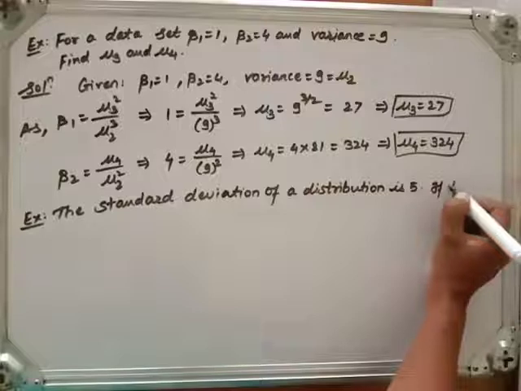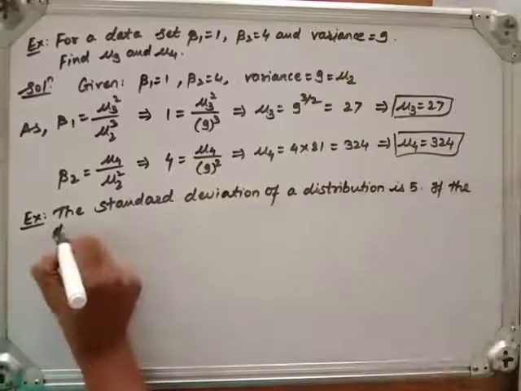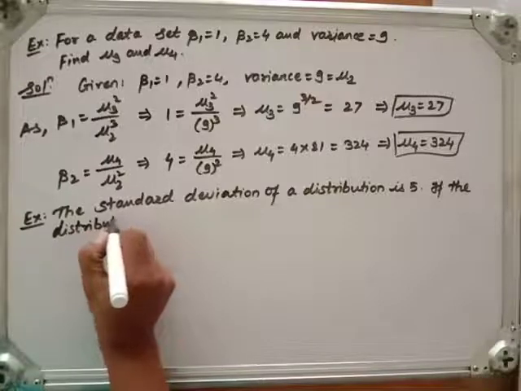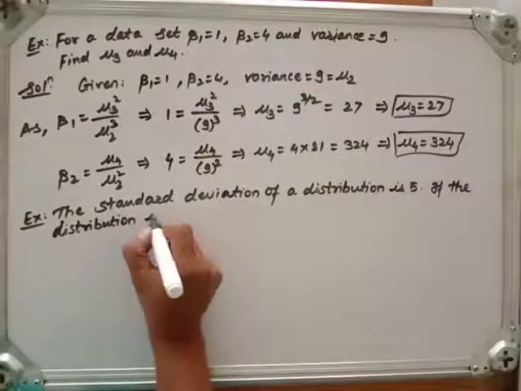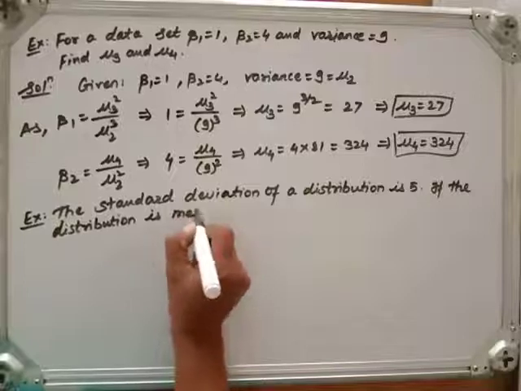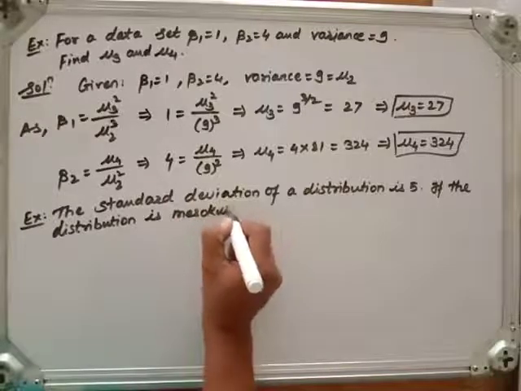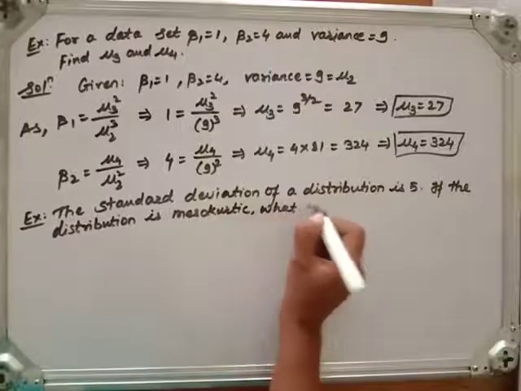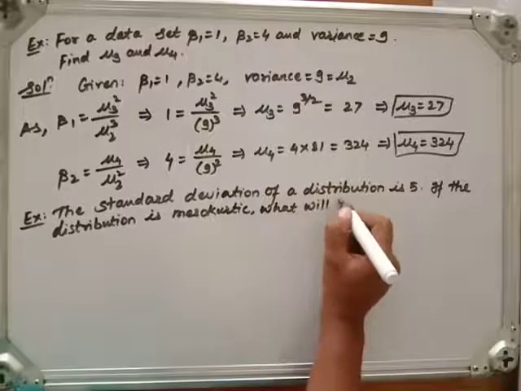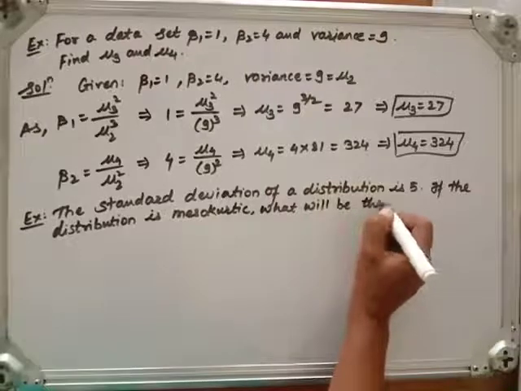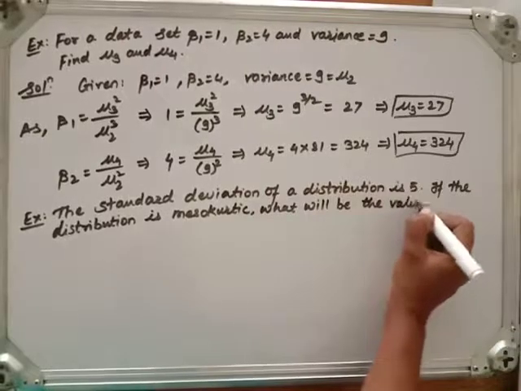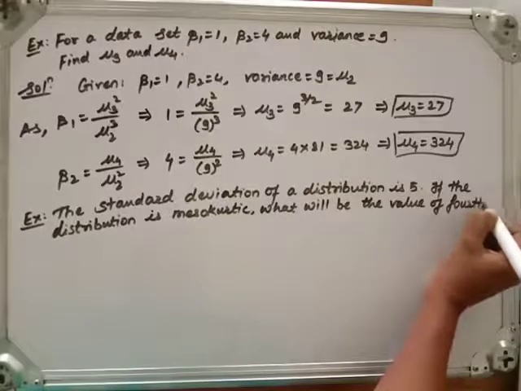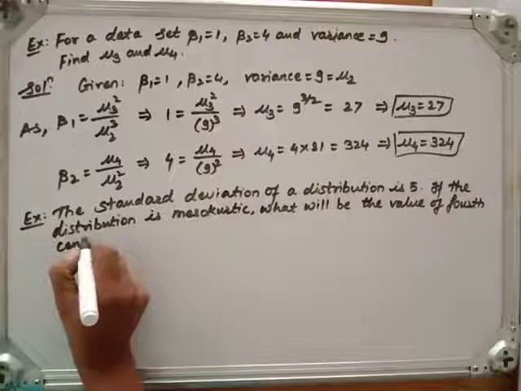If the distribution is mesokurtic, what will be the value of the fourth central moment?